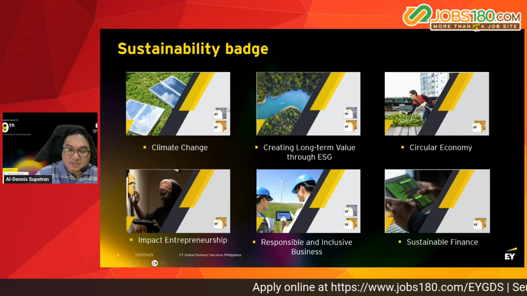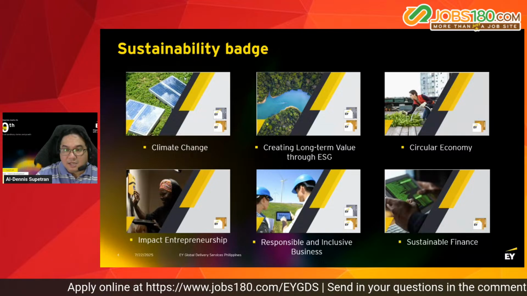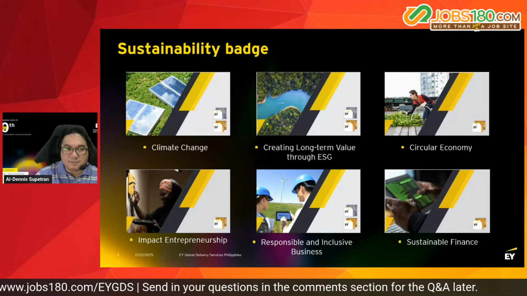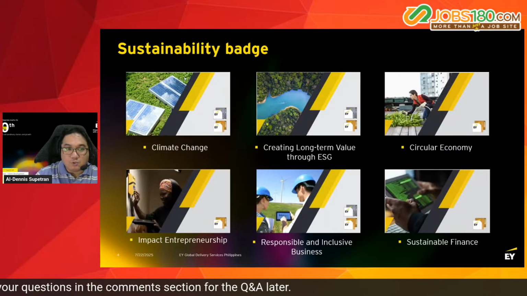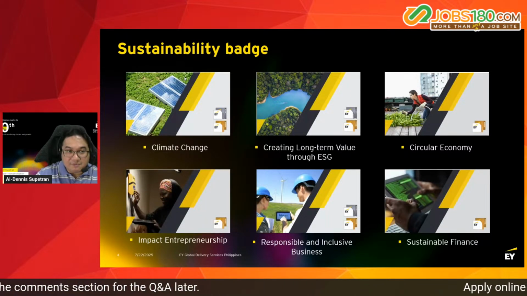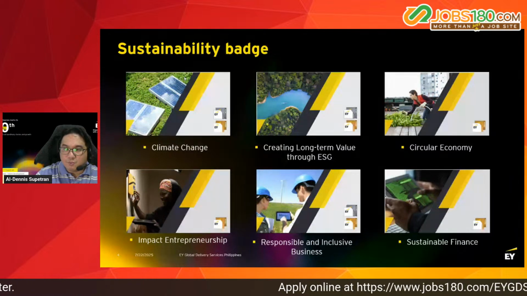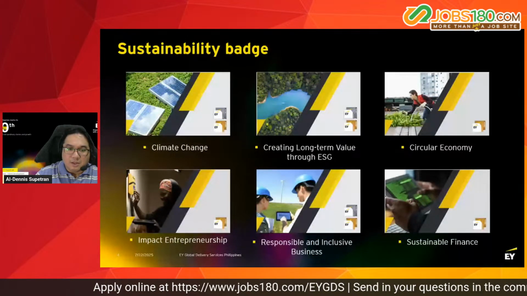The other one is responsible and inclusive business. And here you can really see that again, it's not just teaching business skills, it's not just making the knowledge and the networks available, but really how do we make it inclusive and sustainable. And the last one is, of course, what most of you may be aware of, what's called sustainable finance, right?